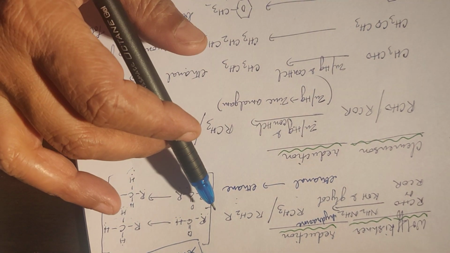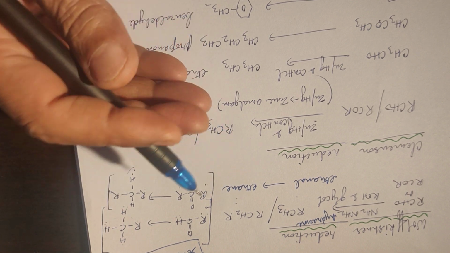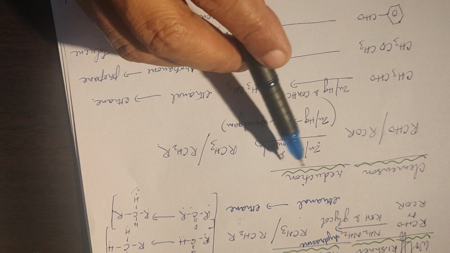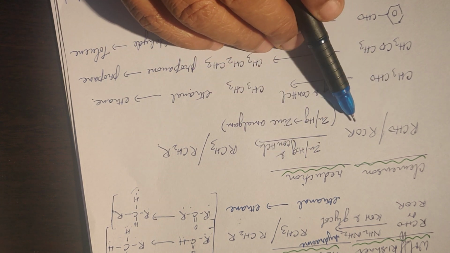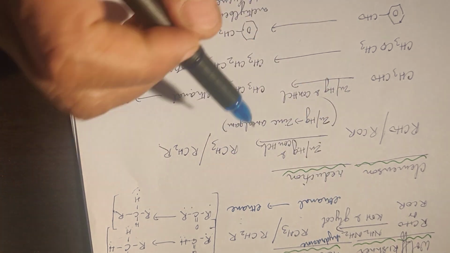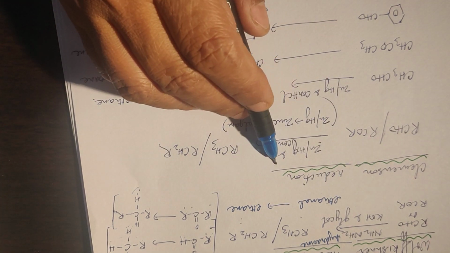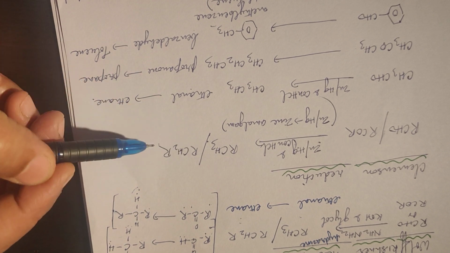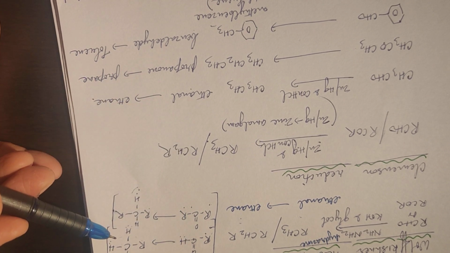The same conversion is also possible under a different set of conditions, that is called as Clemmensen reduction, where you again start with aldehyde or ketone, but instead of this hydrazine, KOH and glycol, you're going to add zinc amalgam and concentrated HCl, when you will get the corresponding alkane. It is just the same.